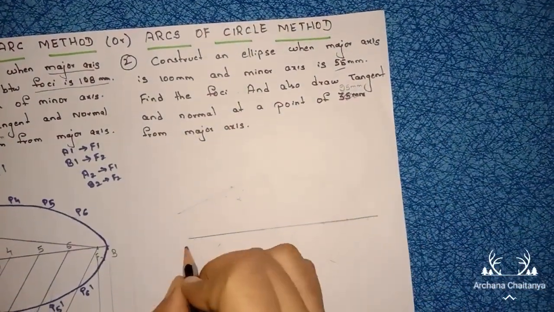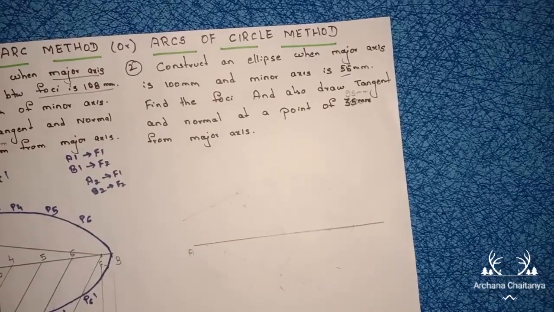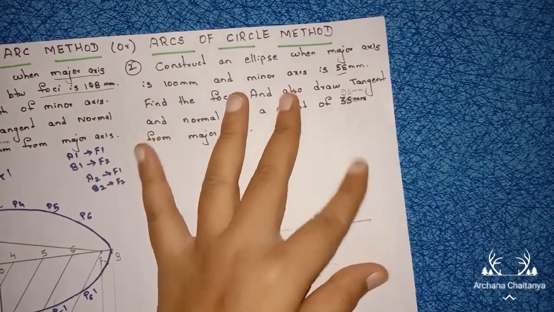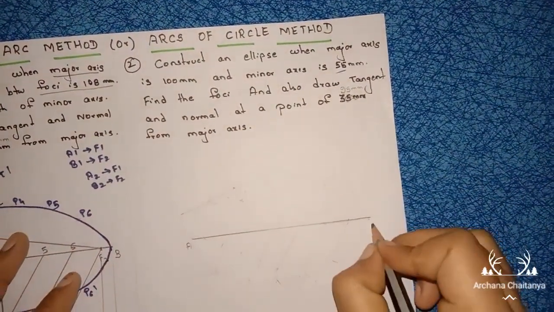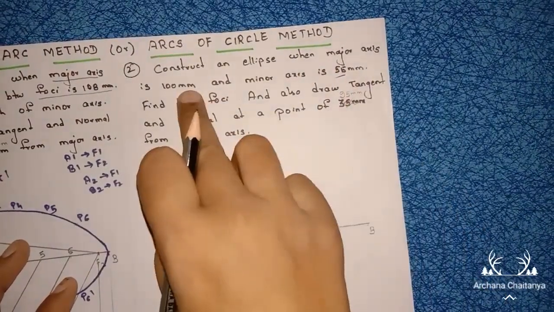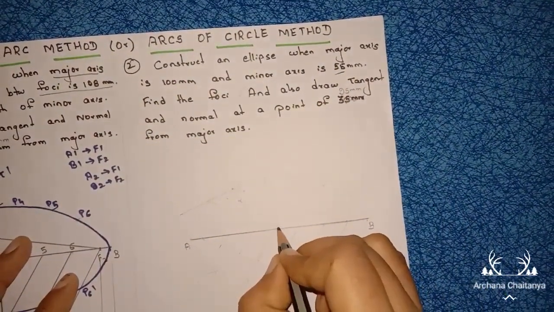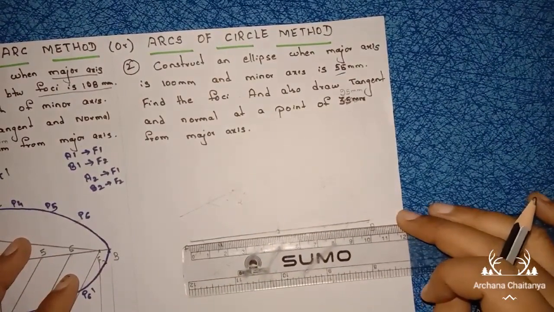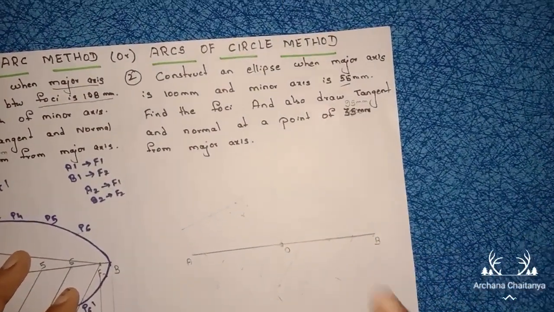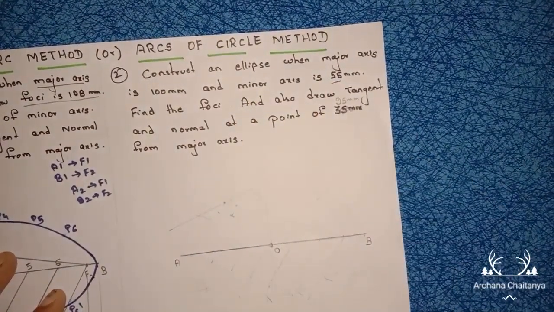Major axis 100 mm. Name it as here A. Name it as here B. AB length is 100 mm. Major axis length is 100 mm. Mark the midpoint. That means 50 and 50, no? Name it as O. Then next, minor axis is 55 mm.